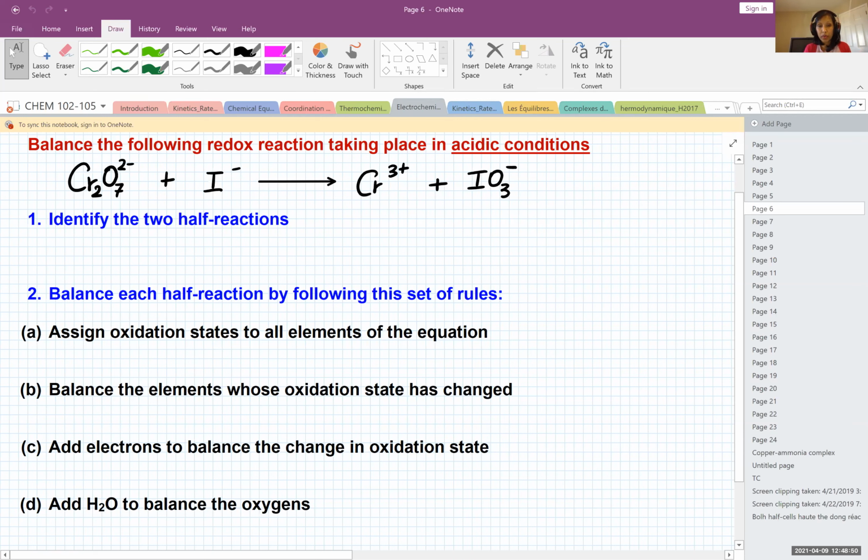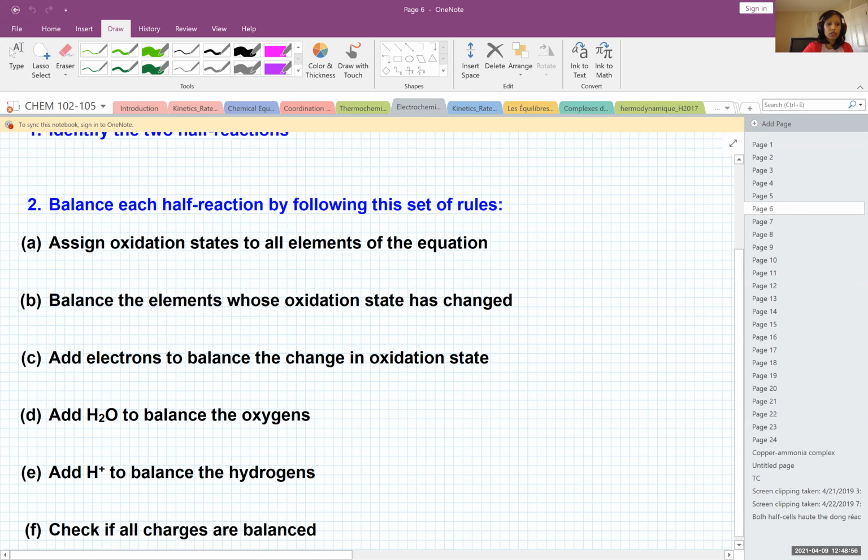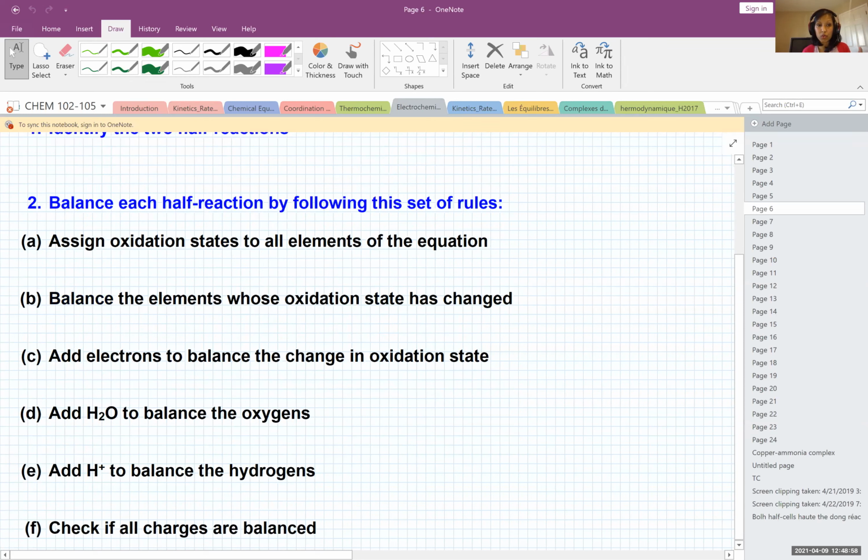That is, we write down the 2 half equations to identify them, then use this set of rules to balance each one. The first 3, as you can see, assign oxidation state, balance the element that changes oxidation state, add electrons to balance the change in oxidation state. These 3 are the same as before, same as in basic conditions.